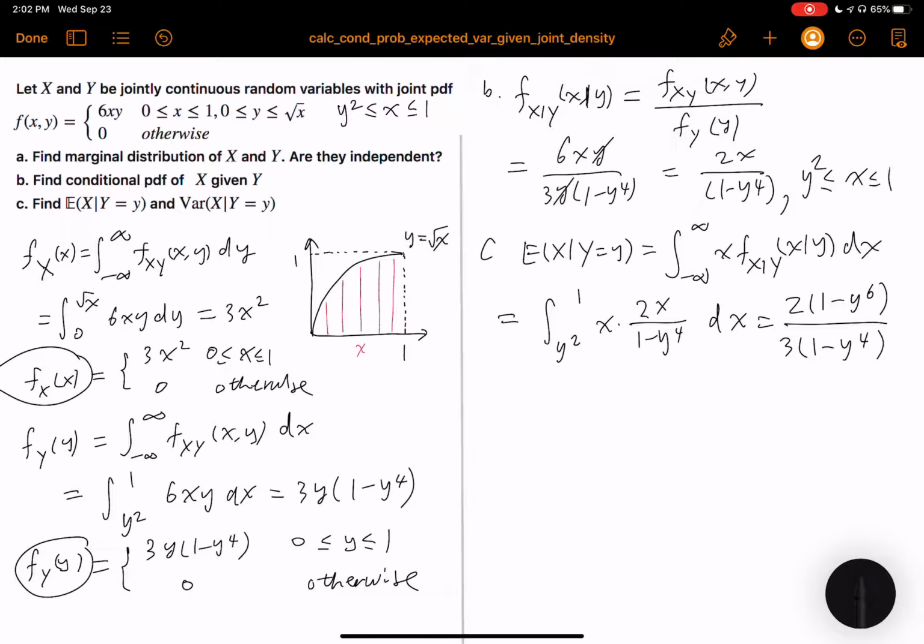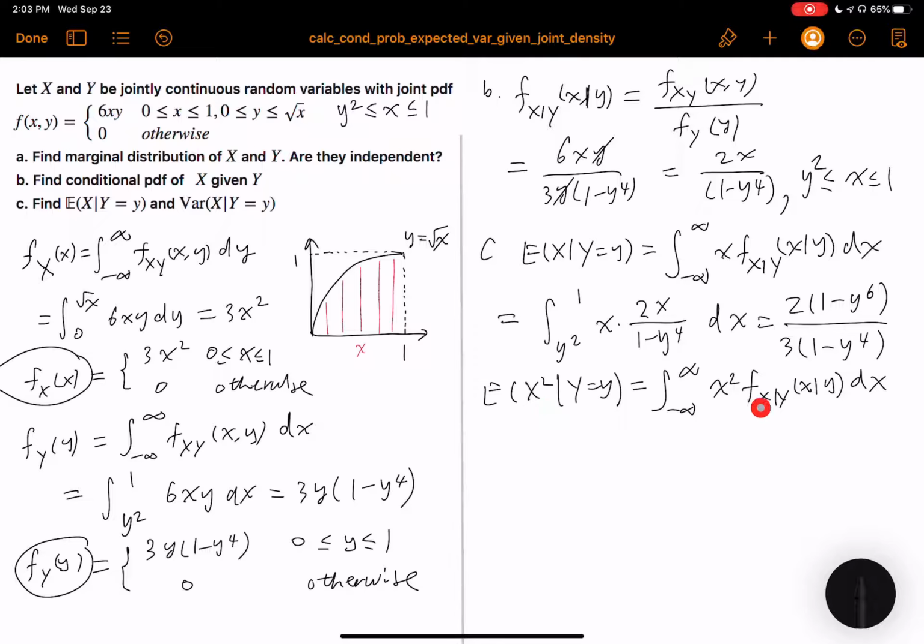Okay, now let's calculate the conditional expectation of x squared given y equals y. This is equal to the integral from negative infinity to positive infinity of x squared times f(x given y) dx. Again, to compute the expected value of x squared, or any function of x, this is equal to the integral from negative infinity to positive infinity of that function of x multiplied by the density, dx.